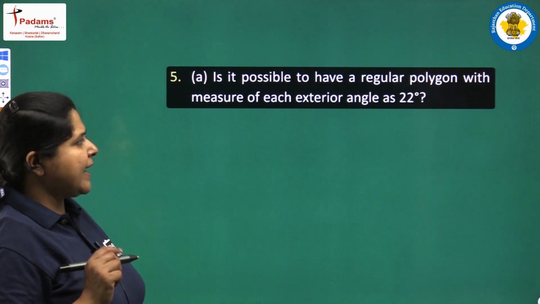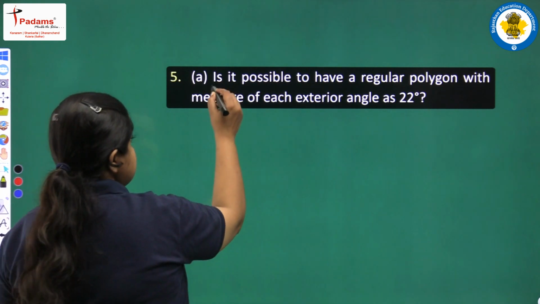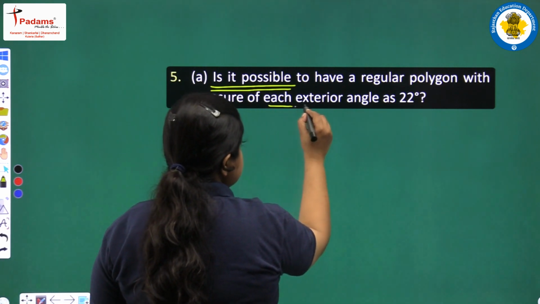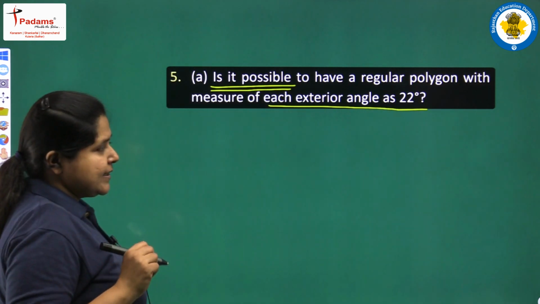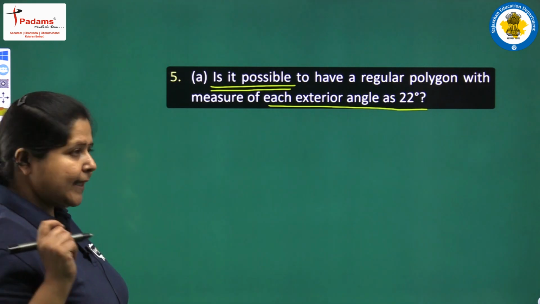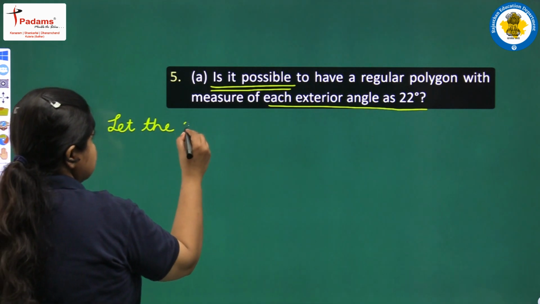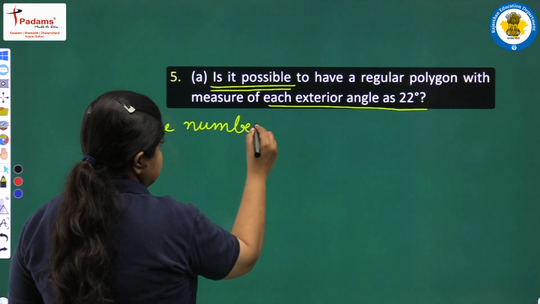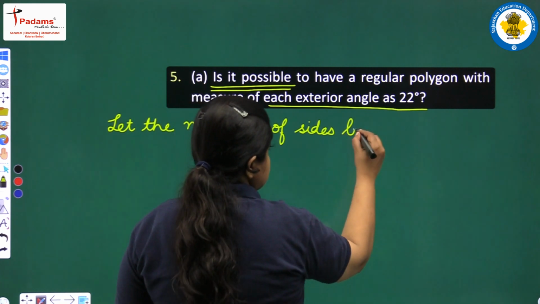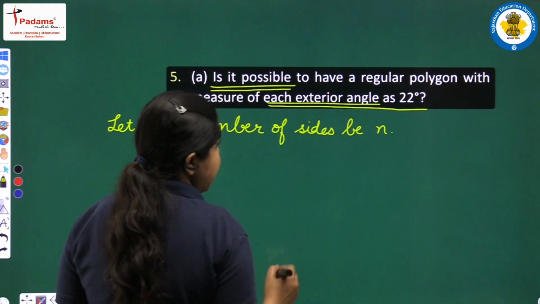of each exterior angle as 22 degrees? So, here the question is, is it possible to have such a polygon in which the measure of each exterior angle is 22 degrees? So, first of all, let us assume the number of sides to be n. Let the number of sides be n. Now, here the measure of each exterior angle has been given.